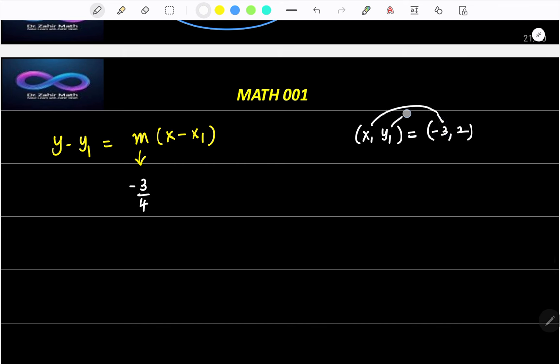So x1 is minus 3, y1 is 2. So y minus 2 is equal to m times x minus x1, which is plus 3, because x1 is what? Minus, right? So this becomes what? Plus, minus of minus, which is what? Plus, x plus 3. Right.